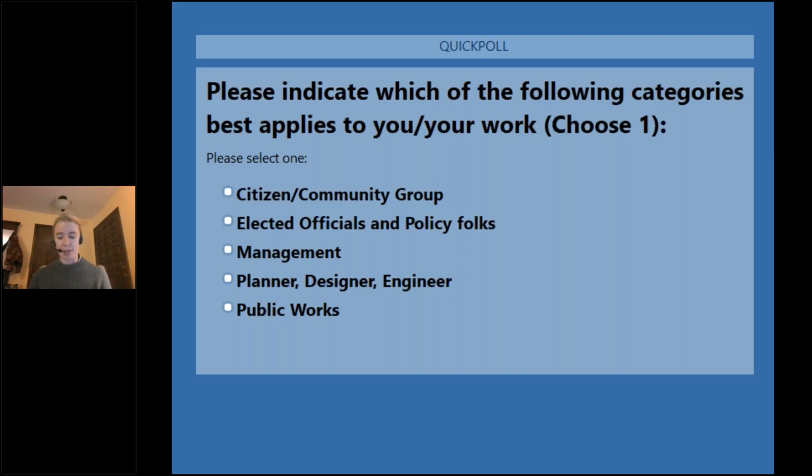Are you a citizen or community group? Are you a water or wastewater or stormwater utility? Maybe a public works employee or a contractor? Are you elected or state official? Planner, designer, or engineer, or an environmental nonprofit?